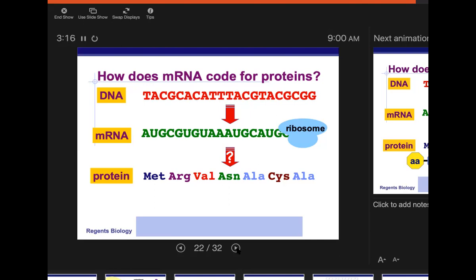So like MET, ARG, VAL, ASN. Each one of those is an amino acid. Now, how do you go from this to this?